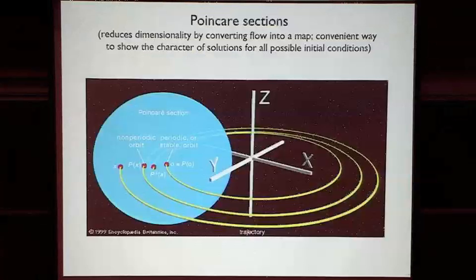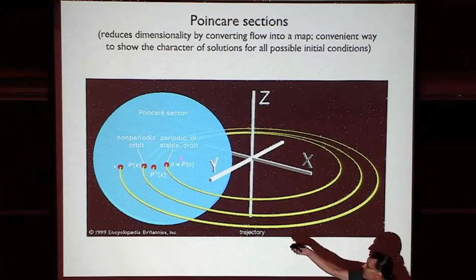So here we have an idealized flow. These yellow lines indicate trajectories of fluid elements inside that flow. And there's a special type of trajectory, such as this inner one here, where as it goes through one complete cycle or orbit, it ends up exactly where it started, okay, on the surface called the Poincare section.